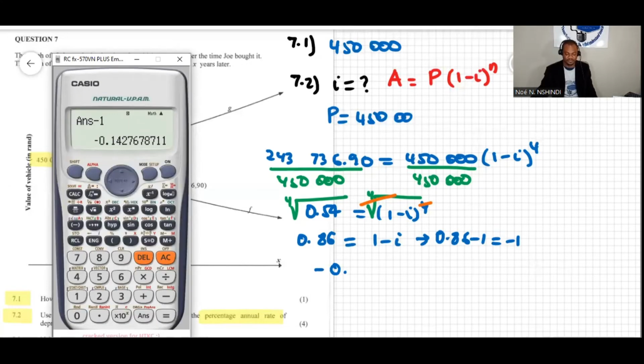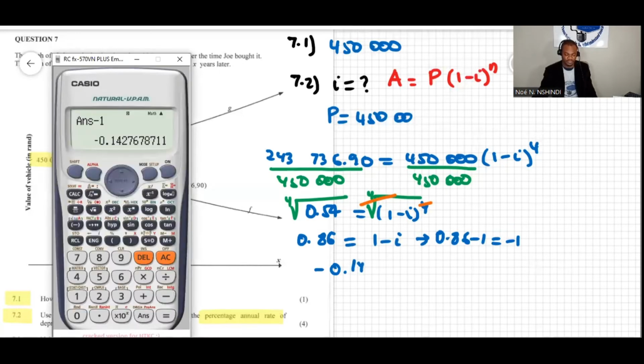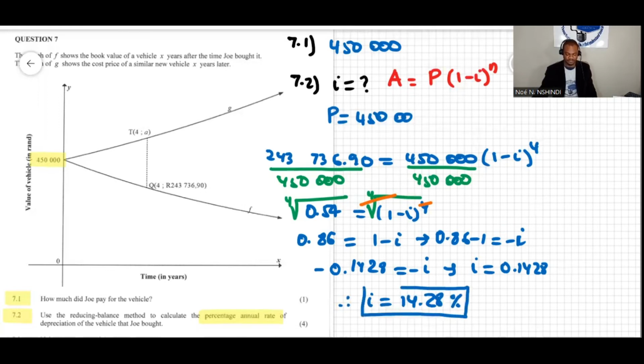Because it's a percentage rate, I need to go to the 4th decimal place, because percentages may also have decimals. Multiplying by 100, it's going to be 14.28, which is negative I, and therefore positive I will be 0.1428. Then the rate will be 14.28%. So that's the interest rate.